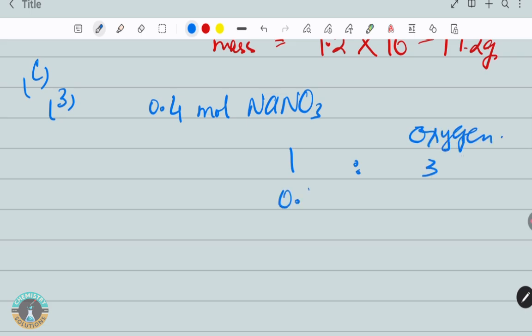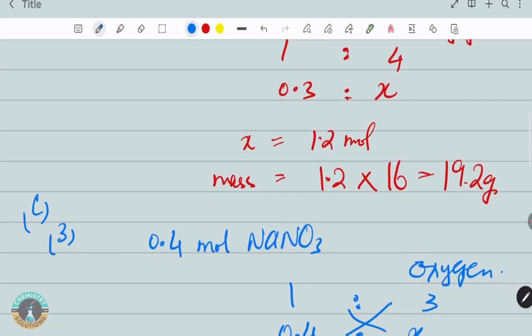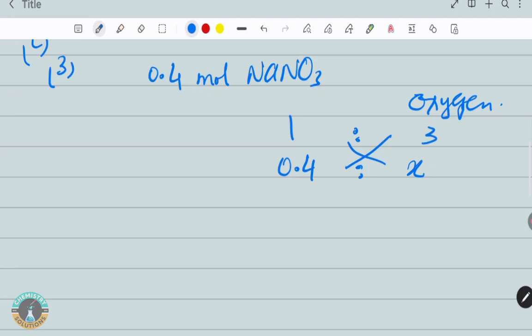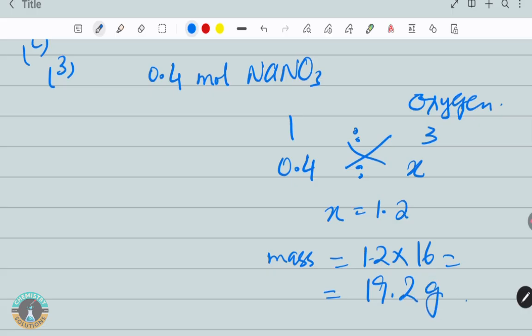So for 0.4 mole, 0.4 multiplied by 3 is 1.2. To calculate the mass, multiply 1.2 by 16, again 19.2 gram.